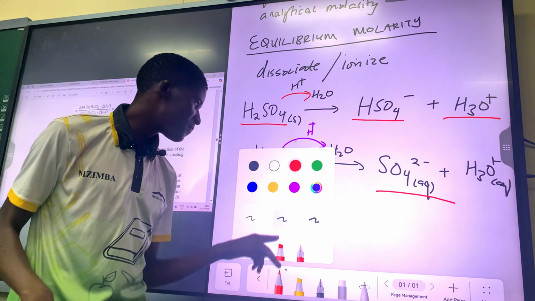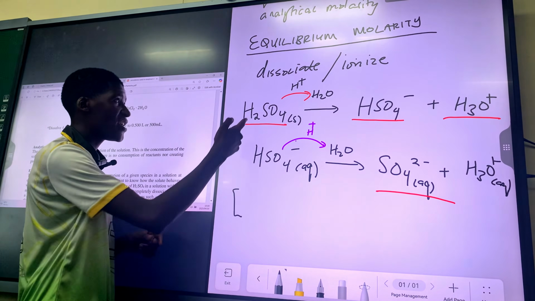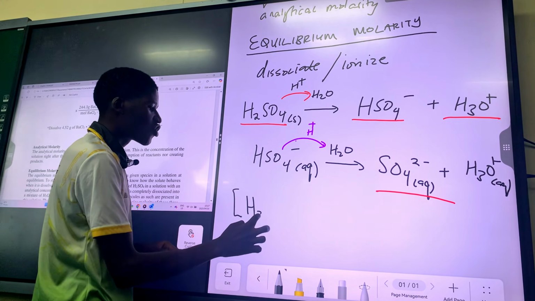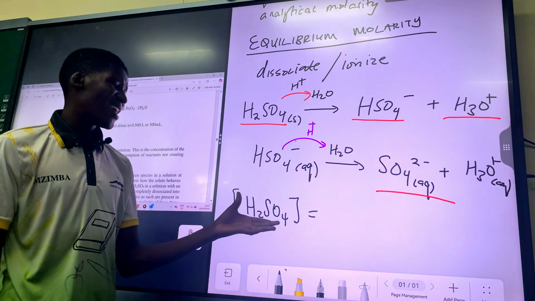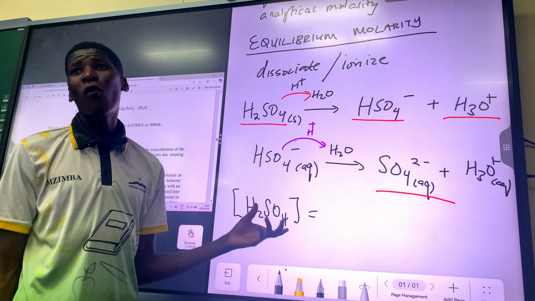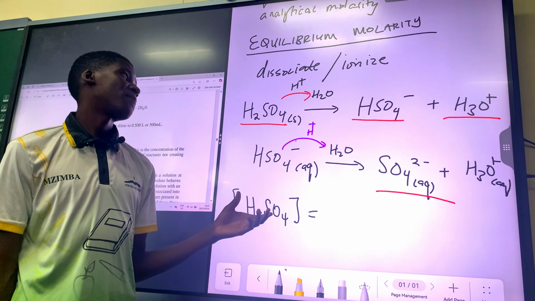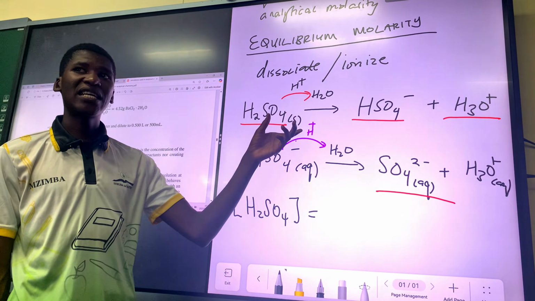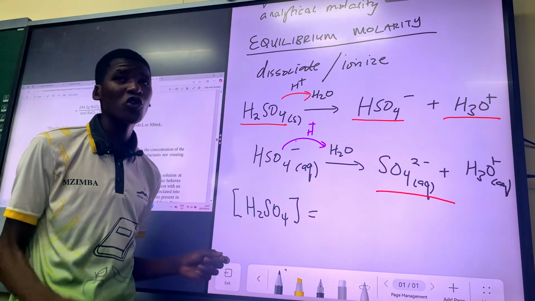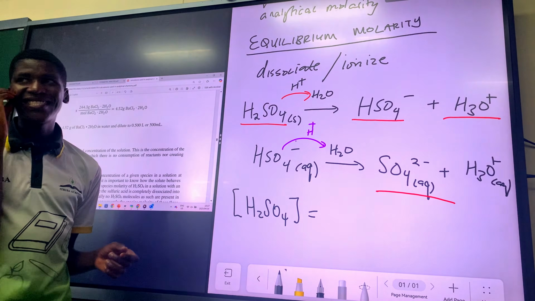We can use a square bracket to represent equilibrium molarity. So at equilibrium, how much molarity of H2SO4 can there possibly be? Remember, it's a strong acid. It dissociates completely in water. So how much H2SO4 will remain? In your own opinion, at least.